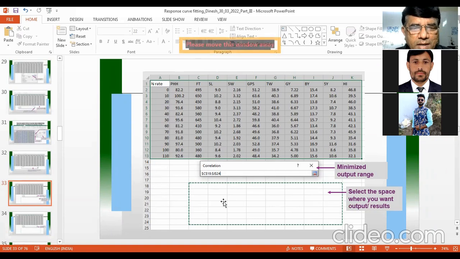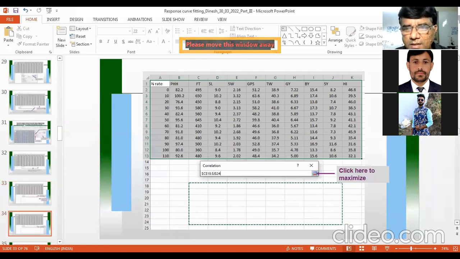You can select any area. Just put the cursor and select 1 or 2 cells or 10 cells. Any number of rows or columns you can select. It is just indicative. It will give you the result in this part. Then again you can click here and maximize it.